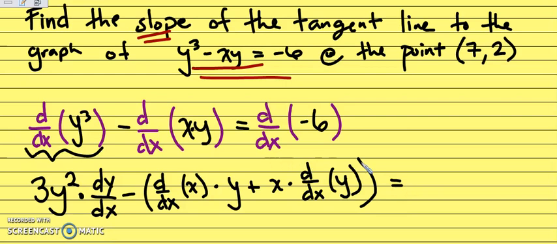And then we're going to set it equal to the derivative of negative 6 with respect to x. Well, that's a constant, so it's going to be set equal to 0.